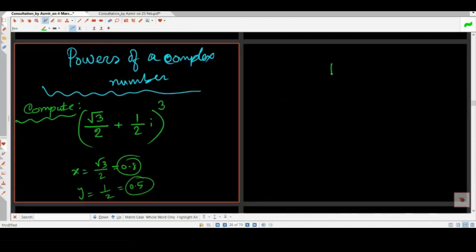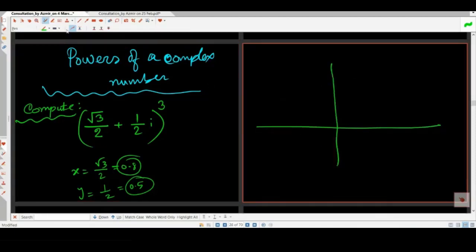So let us locate the point on the Argand diagram or complex plane. It is 1, it is 1. So obviously this will be 0.8 and this will be 0.5. So the point root 3 by 2, comma 1 by 2 is here.